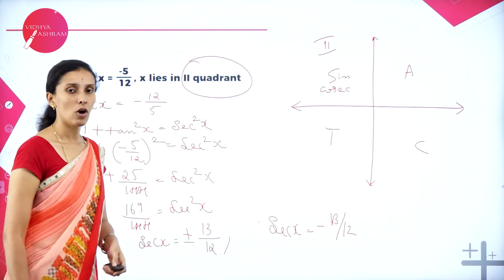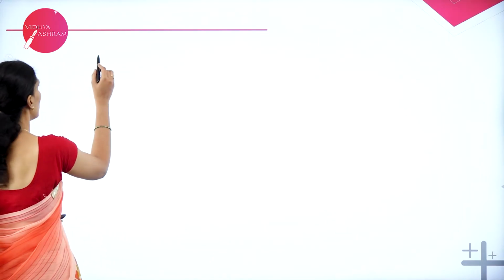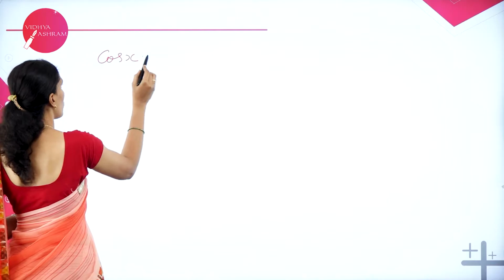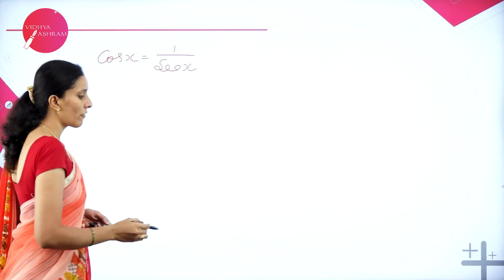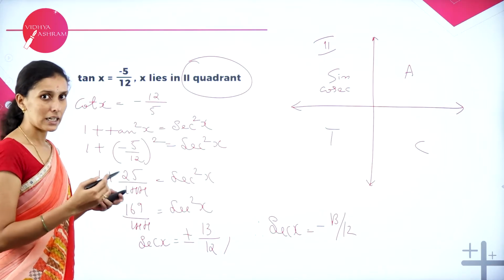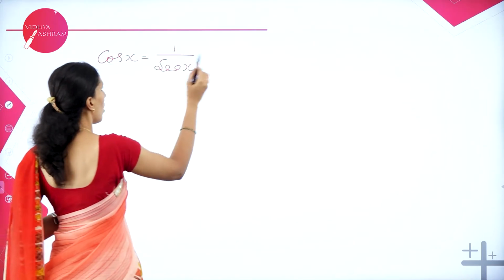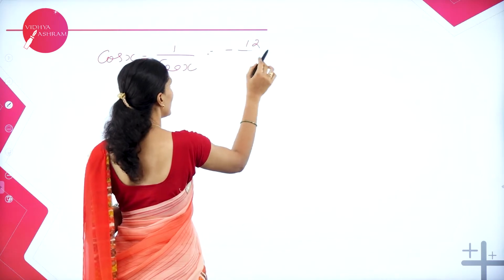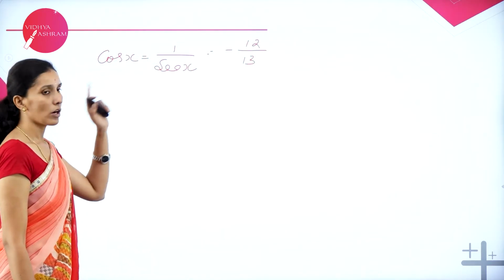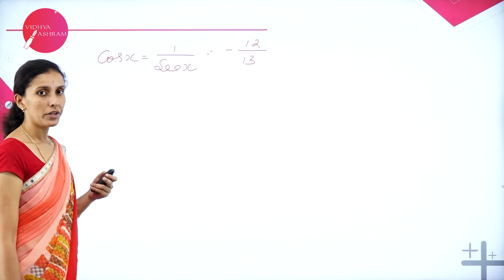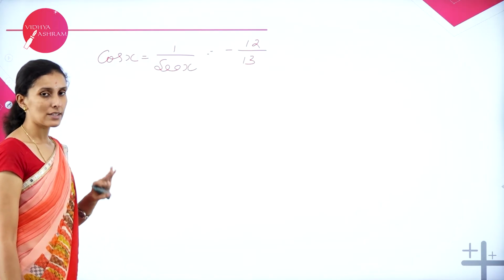Now once you have secant, you can find cos, because cos is 1/secant. They are reciprocal to each other. So your value of secant x is minus 13/12, therefore cos x is minus 12/13. Now you have cos and secant. Next you are going to find sine as well as cosecant.